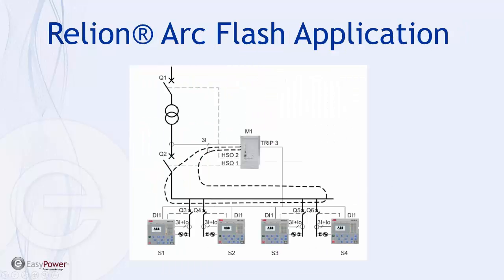Here's an example of using Relion for arc flash. This would be similar to using the 105 extension units for REA, because they have their own high-speed tripping outputs. And here is a main REA unit. You could use a main, like in the comparison examples, to protect the main breaker and arc flash coverage for the bus.